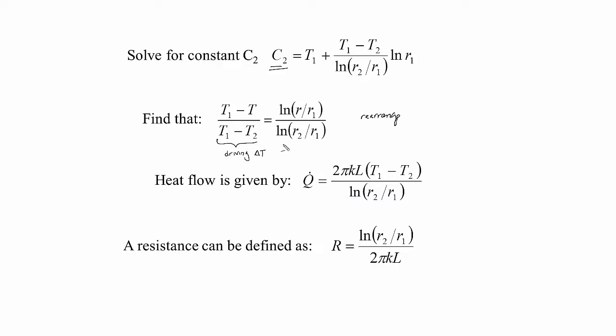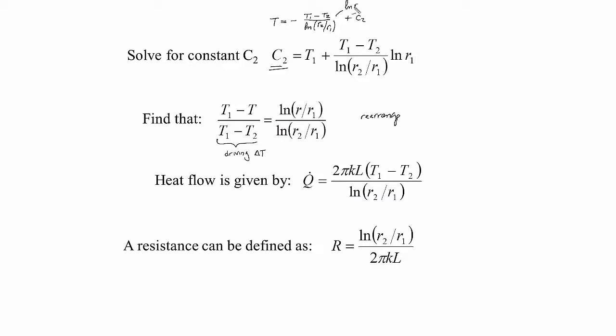Let me just revisit that, because I don't know if what I said was sufficiently clear. Remember that we have this relationship for T. We said that T is equal to minus C1, which is (T1 minus T2) over ln R2 over R1, ln R, plus C2. This is what we had before.